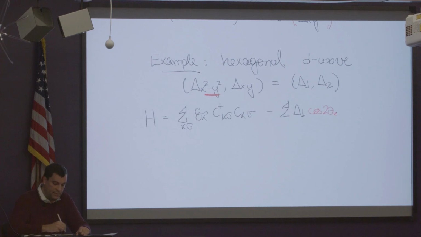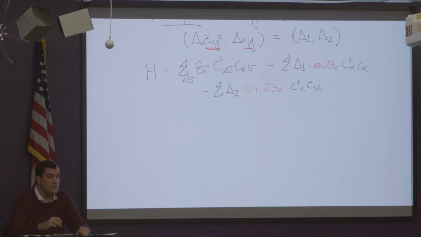I'm going to put a k here so you know this is the angle around the Fermi surface, if you wish. And I also have to do the same for delta 2. Delta 2 is xy, so the coupling here is sine 2 theta, c dagger k c dagger minus k. Okay. So this is the mean field Hamiltonian for this d-wave superconductor in the hexagonal lattice.